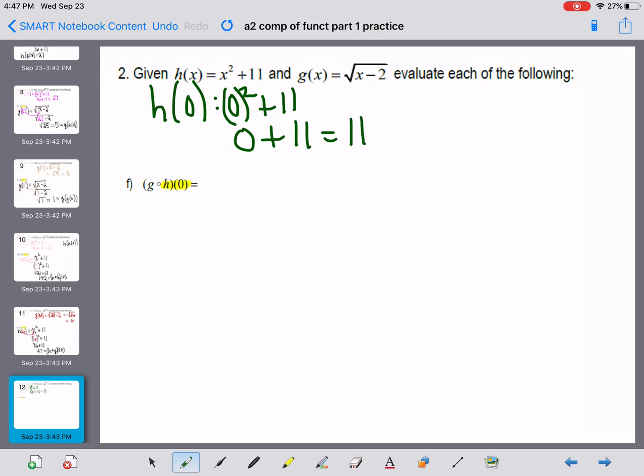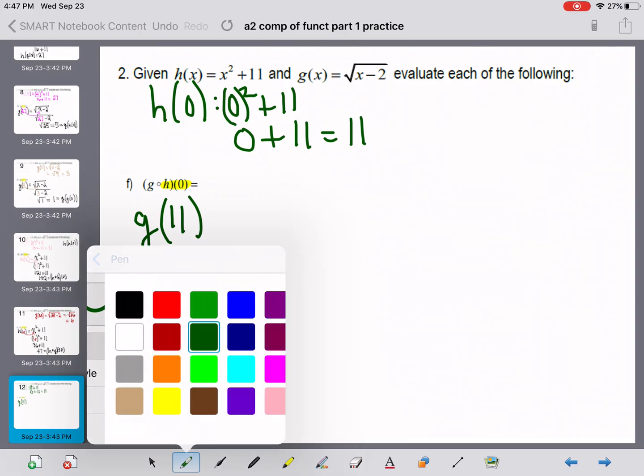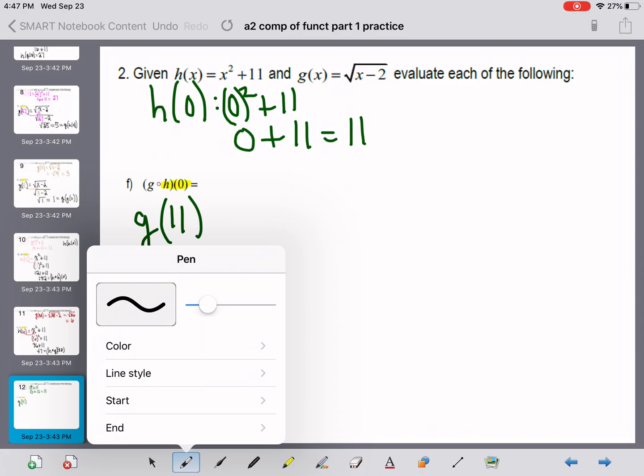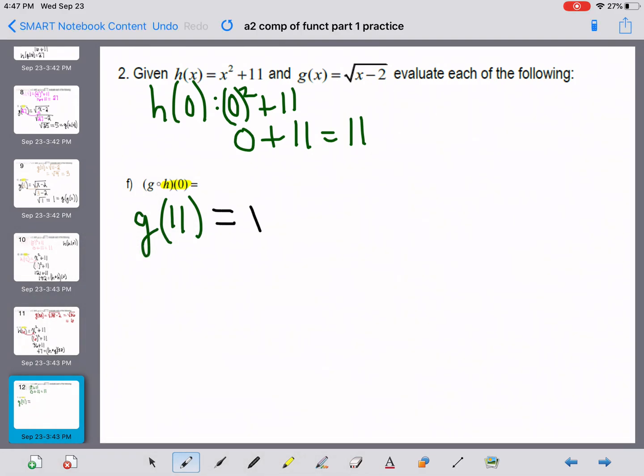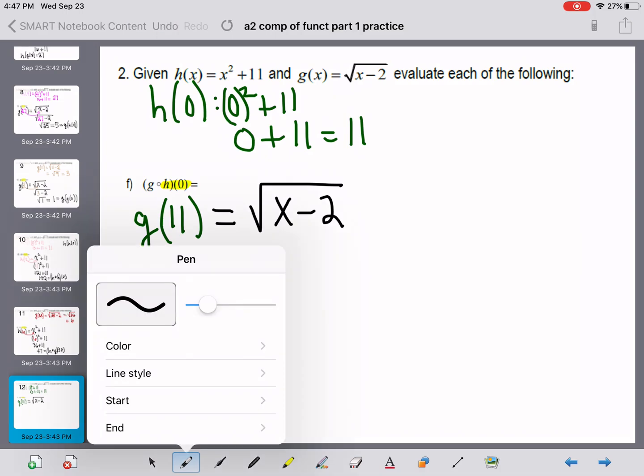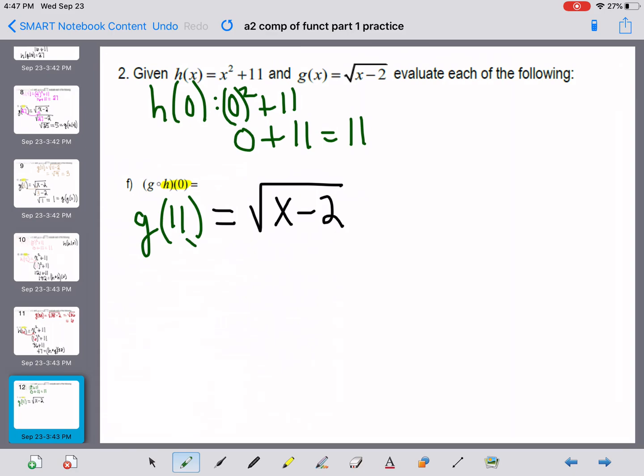If we fill in h of 0 with the 11, now what we're going to figure out is, well, what is g of 11? So we go back and look at our g function, which is the square root of x minus 2. We're going to take that value, the 11, and replace x with that.